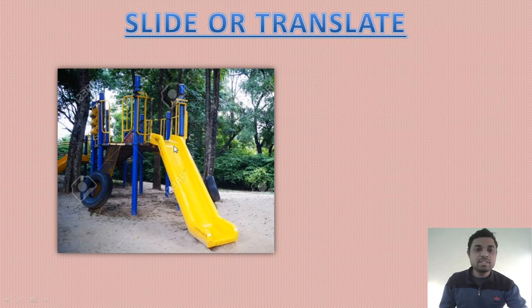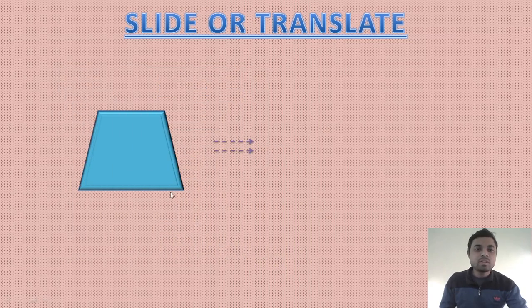Just see, this is a slider which you have seen in the park. One child sits here and comes down from here. Similarly, this is the figure. If you want to change from here to this side, how can you change? You can just push it.